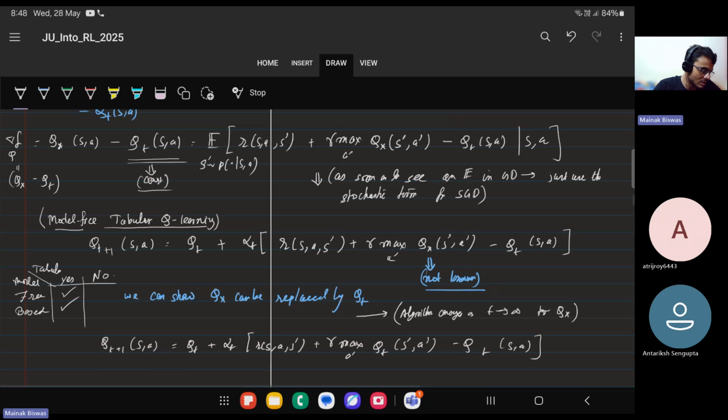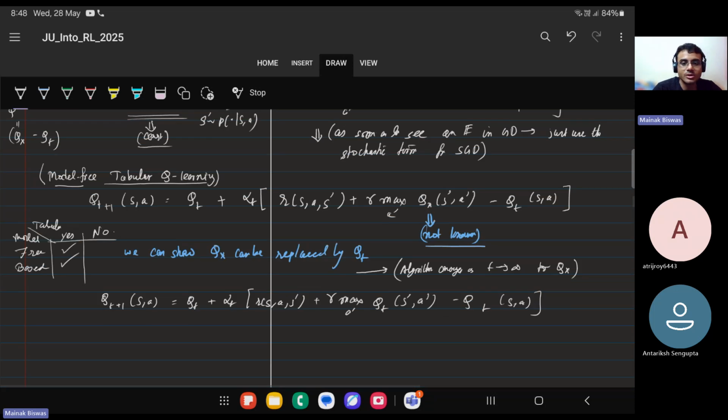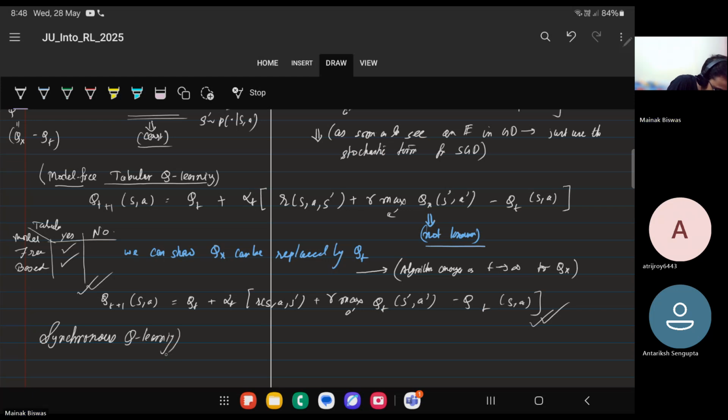So this is the algorithm that you were talking about that we had found out. Yes, an alternative way to look at it. It's a model free algorithm and we found it out using this, and it's also called synchronous Q-learning. Why is it called synchronous Q-learning?